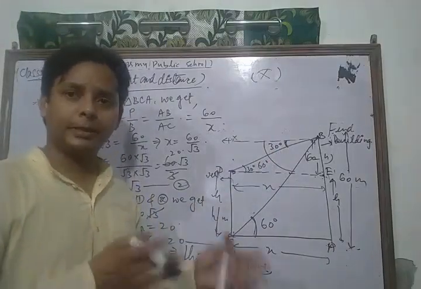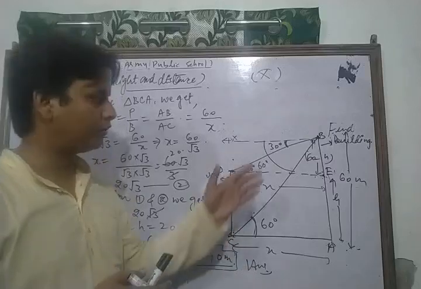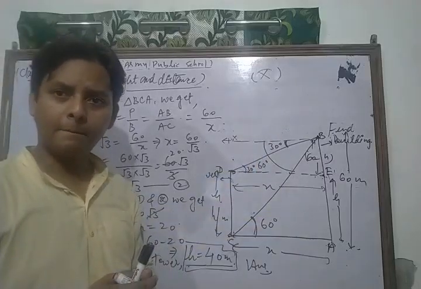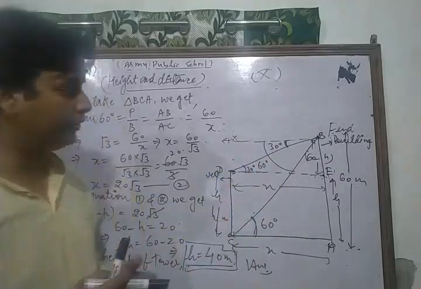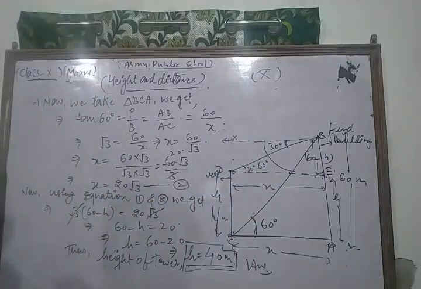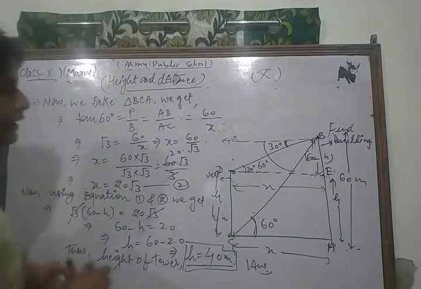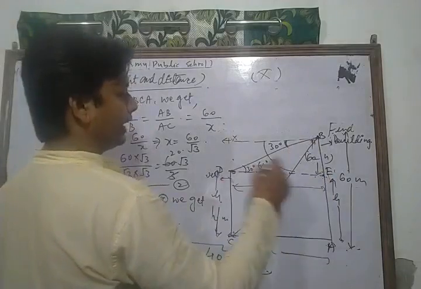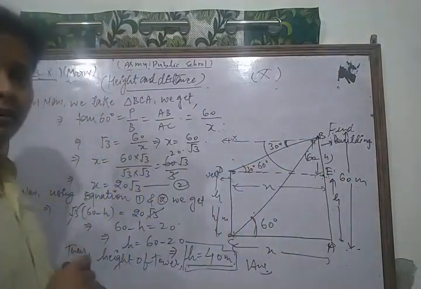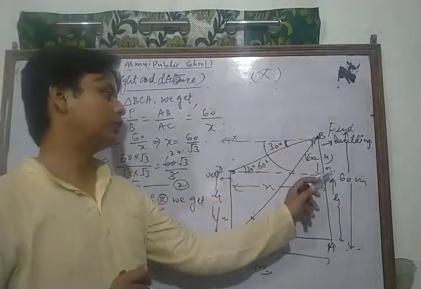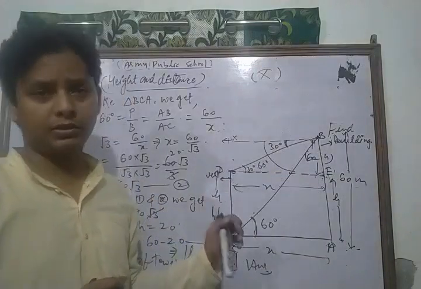So according to the statement, first of all we draw the figure. After drawing the figure, we take triangle BDE and we apply the tangent. Tan 30 is equal to perpendicular upon base. So from there we form our equation.